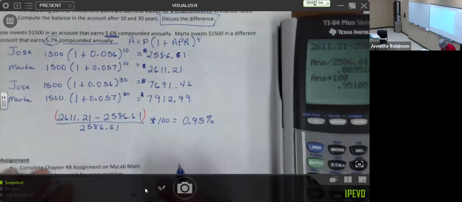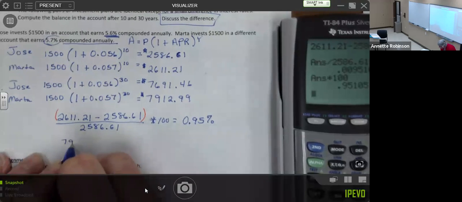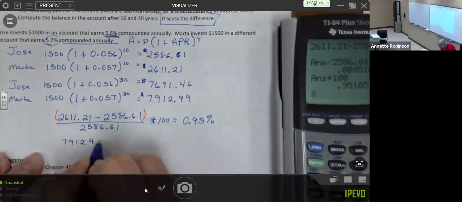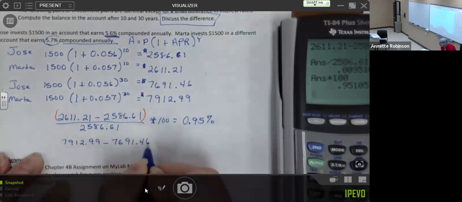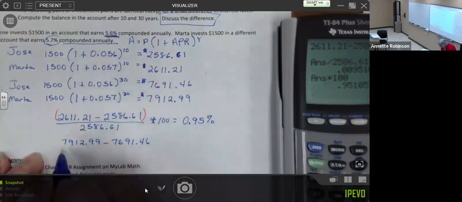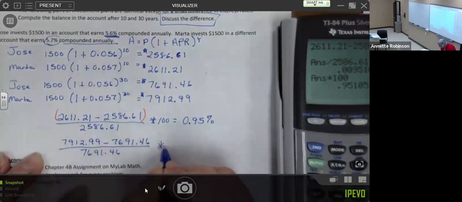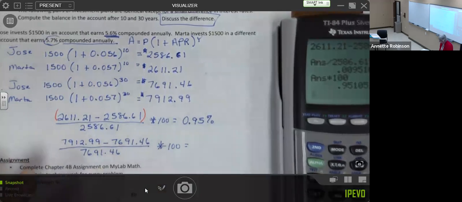I'm going to do that same comparison for the 30 years. Again, I could compare either way. They didn't say which way, so I'm just taking it since Jose was first mentioned. We're comparing it using this.